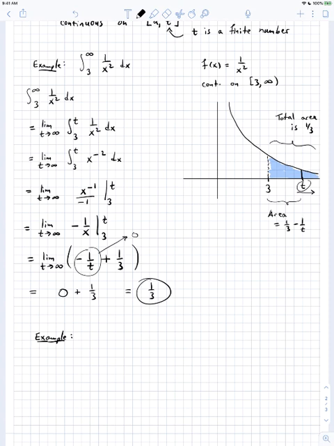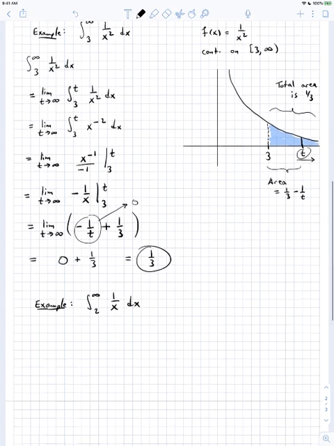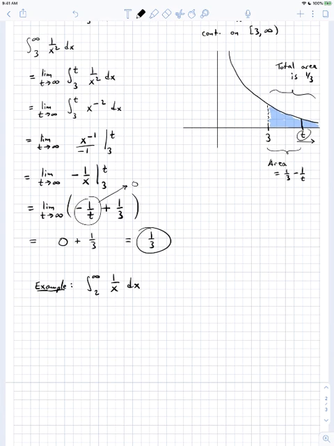Let's look at the integral, let's say from 2 to infinity of 1 over x dx. We looked at a problem like this going from 0 to something, and we found that it diverged. That's going to happen here too. In this case, we have the integral from 2 to infinity of 1 over x dx. The picture looks very much the same as this one.